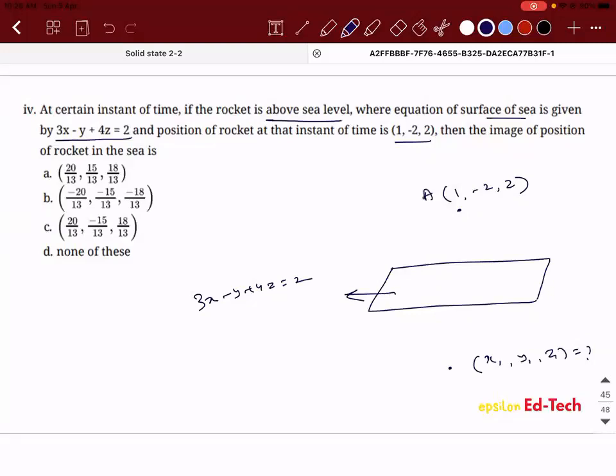So how to solve this, guys? If I take this point as A and this point as B, what will be the equation of AB?